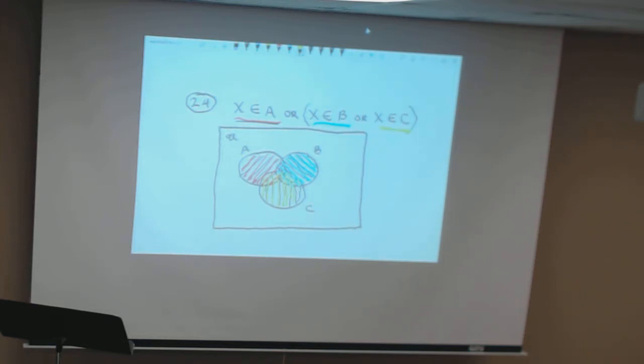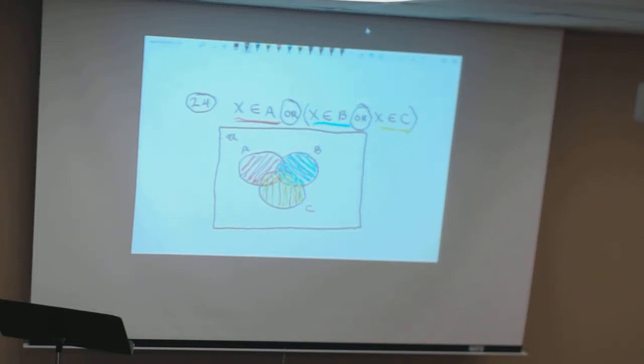Now, since it says or and or, what is or? Union. So that means I'm going to unite the red, the blue, and the green. So anything that's red, blue, or green satisfies this condition.